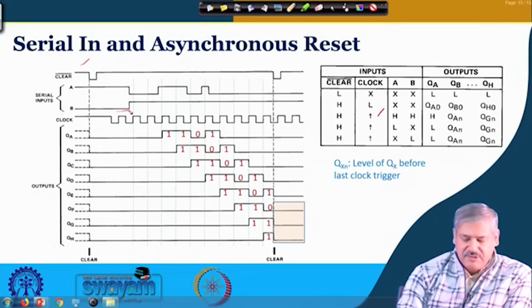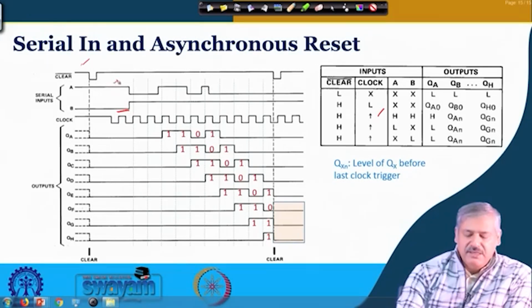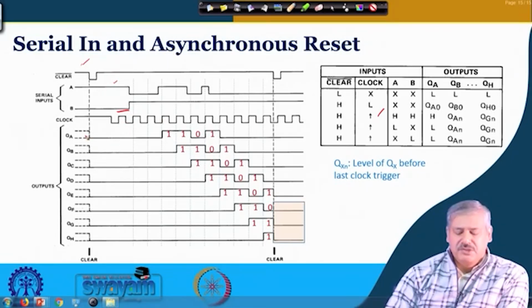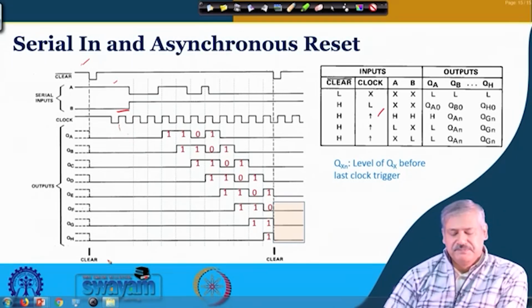But as long as B is 0, we consider B as the control input, then even if A is high, that is not getting transferred to the output. So at this positive edge, whatever is the value it will remain the same, so there is no change.